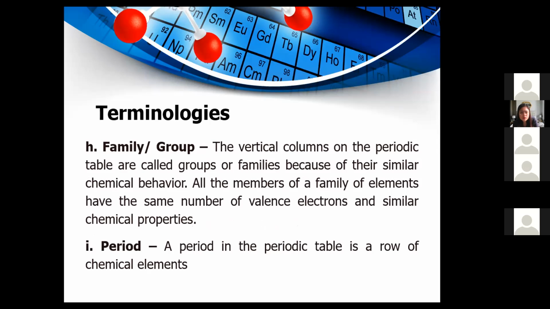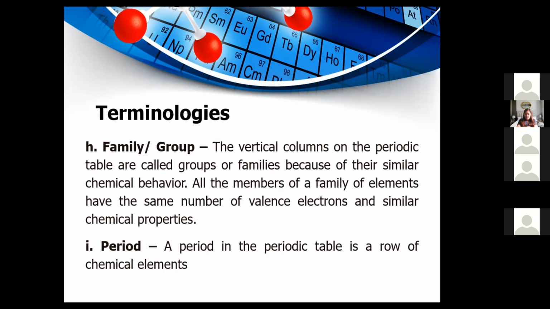So the elements are sorted per their characteristics, whether they're metallic, non-metallic, or any types of minerals. They might be similar but they are not the same. Do you understand, guys? They might share similar characteristics and chemical behavior, but they're not totally the same.